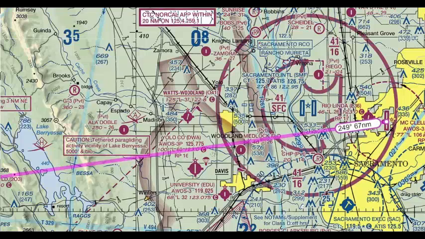Oh, here's a good one. What does this mean? What is the star on top of Yolo County Airport mean? You can see University has one here also.